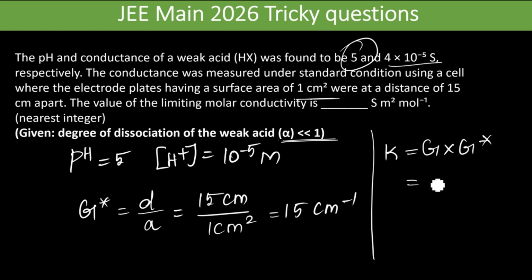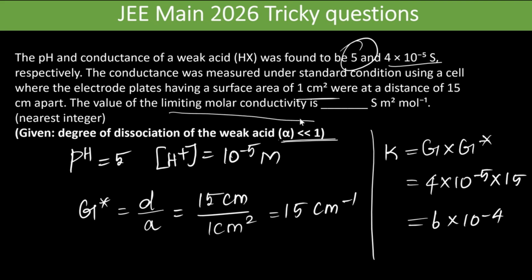So conductivity is given as 4 into 10 to the power minus 5 into 15, which will give you 6 into 10 to the power minus 4. Right? Now what we have to do? Finally we have to find the limiting molar conductivity.